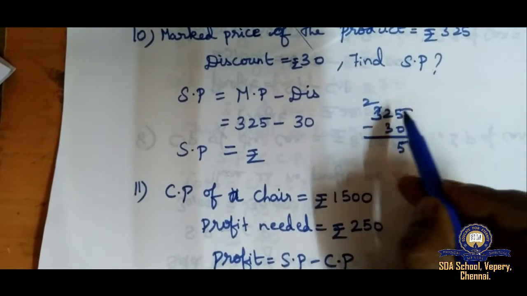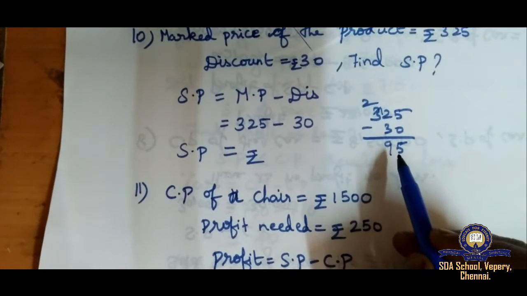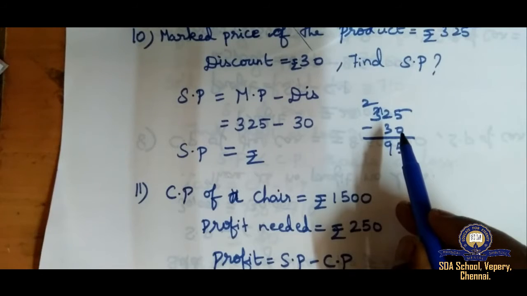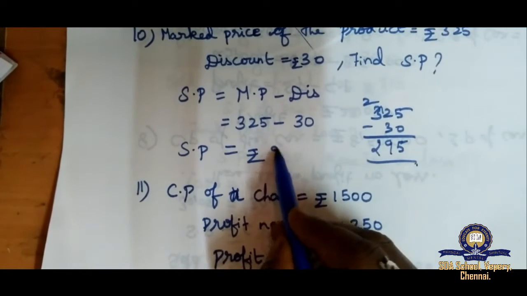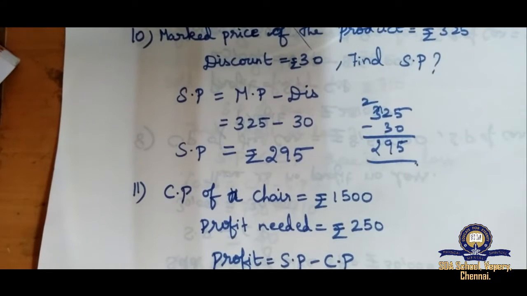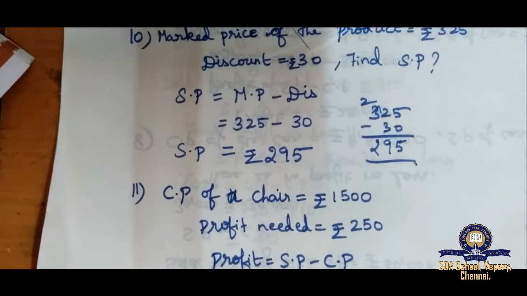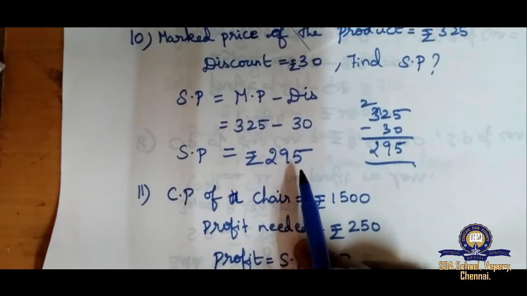So it becomes 2 and this becomes 12. 12 minus 3 means 9. So 2 I will get as the answer. 295 is the selling price. 325 is the product rate. Discount 30 rupees. So the product will be sold for 295 rupees.